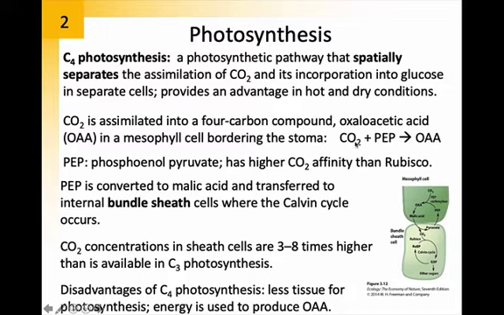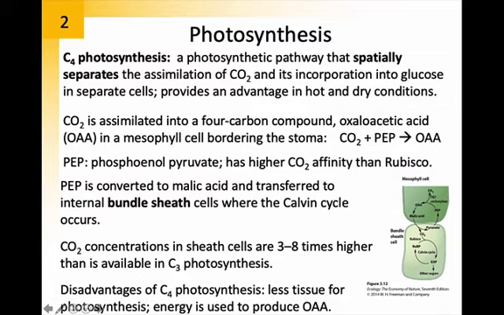So in C4 photosynthesis, CO2 is not bound to Rubisco from the atmosphere. Instead, it's bound to a different molecule, phosphoenol pyruvate, which is a 3-carbon compound, and it's used to produce a 4-carbon compound called oxaloacetic acid.